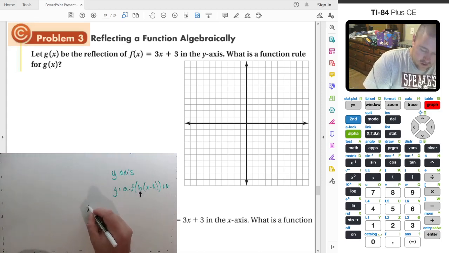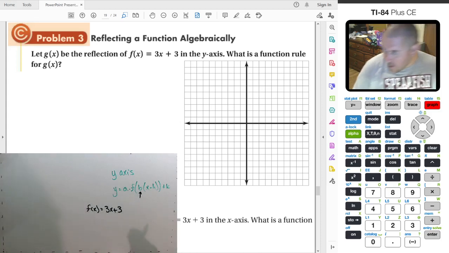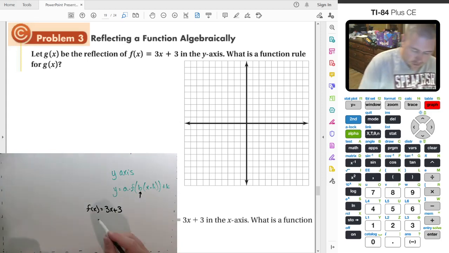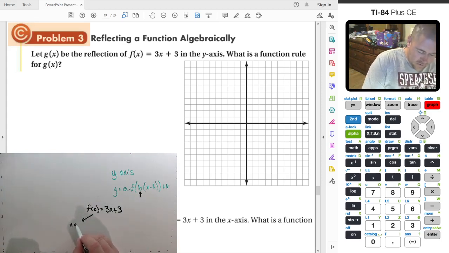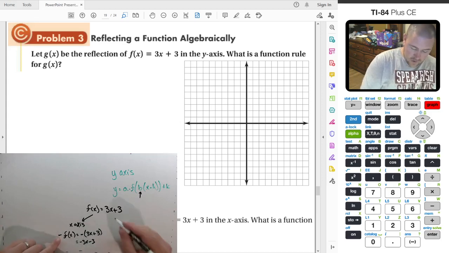If I take f of x is 3x plus 3, and I reflect that over the x-axis, then I will negate the entire honkin' thing, which means it's going to look like a negative in front of the whole honkin' thing, which is negative 3x minus 3. See how everything negative, everything negative.